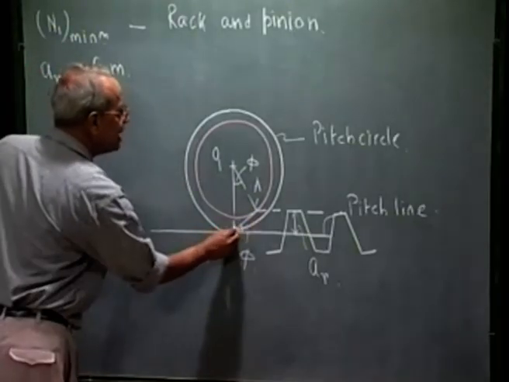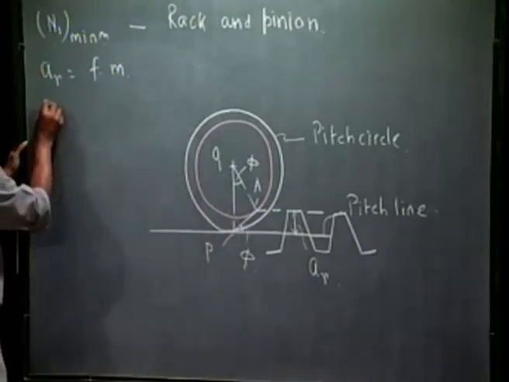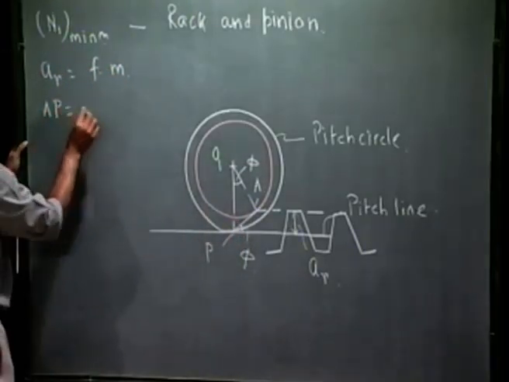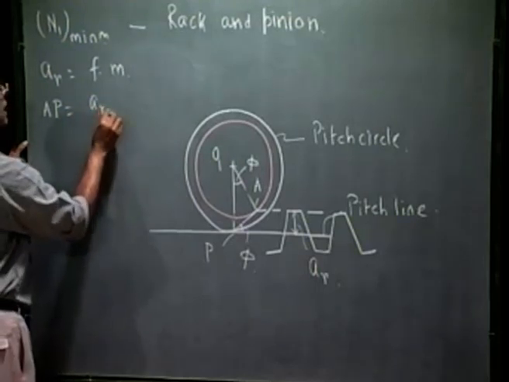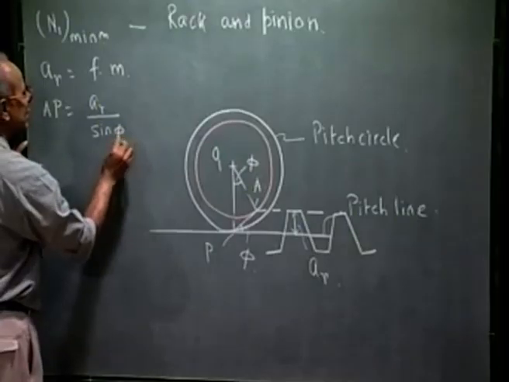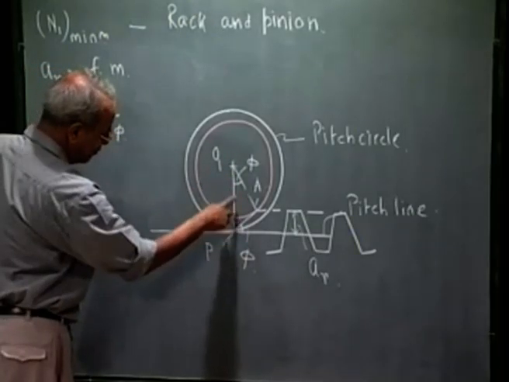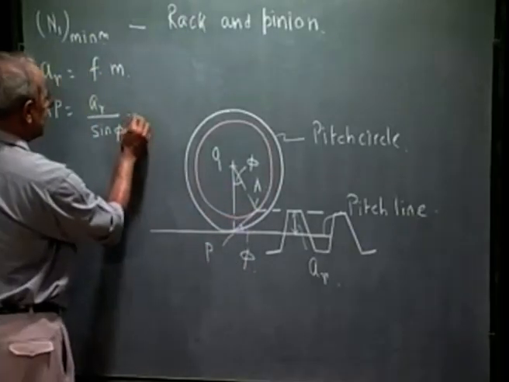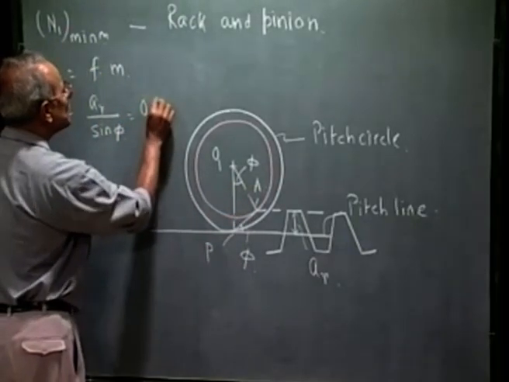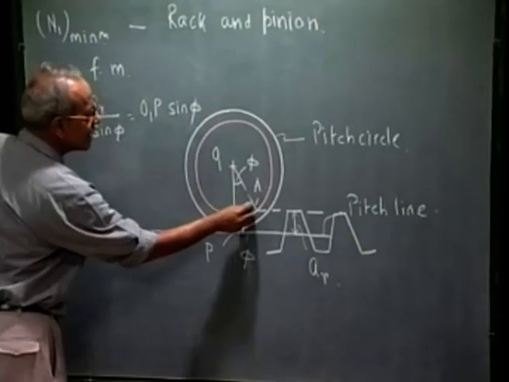So, AP is AR sin phi. Just when the interference starts, AP is AR divided by sin phi, and AP is also O1P sin phi. This angle is 90 degrees.